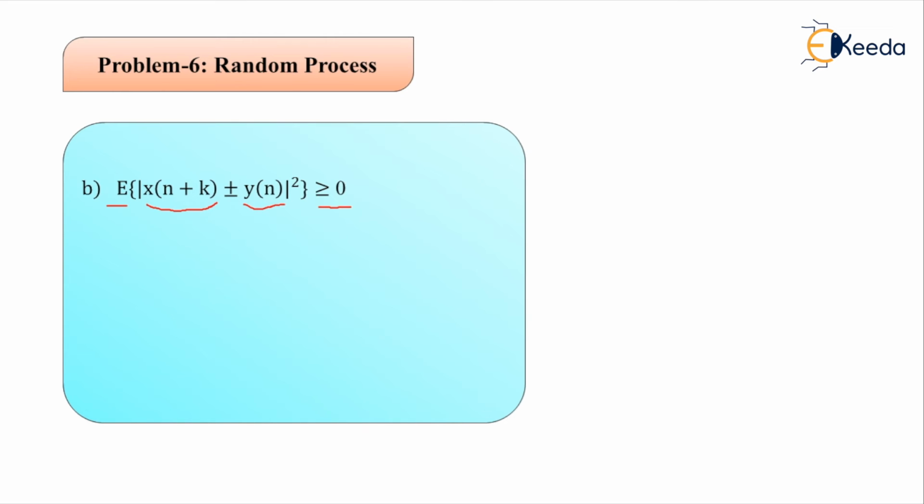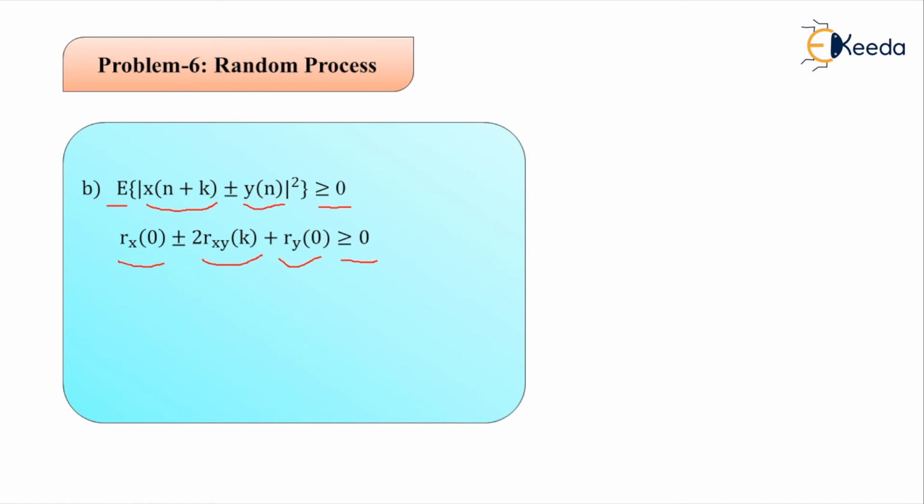Now, with the expansion of the square as in the previous case, and representation with the help of the autocorrelation and cross correlation sequences, we have Rx of 0 plus or minus twice the cross correlation R suffix xy of k, added to Ry of 0, which is greater than or equal to 0.